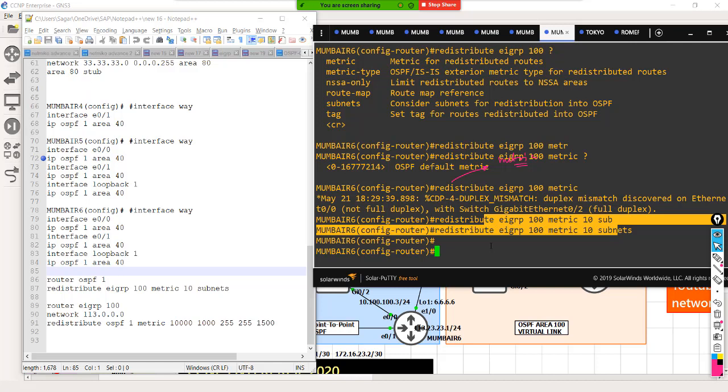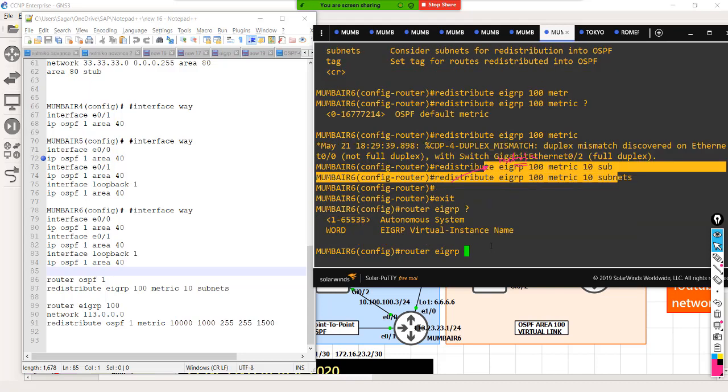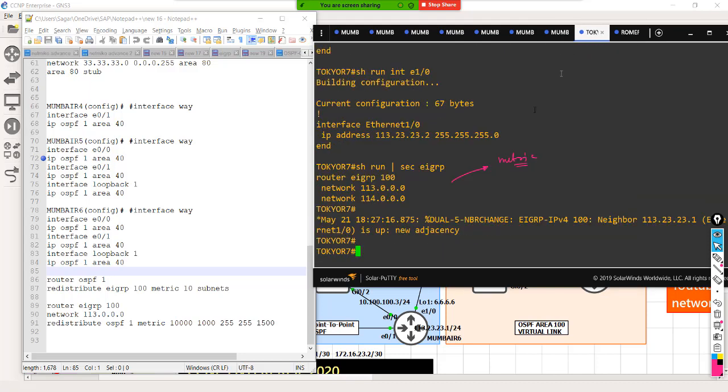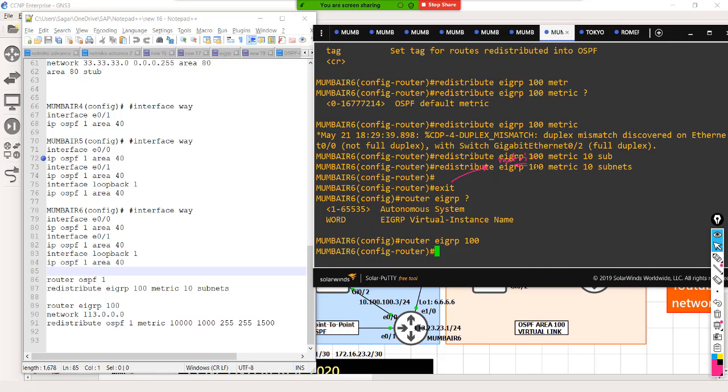Now I need to do the similar thing inside the EIGRP process. So I go to router EIGRP, and as you know, the autonomous system is very sensitive here, so make use of the right number. Now you need to distribute OSPF routes inside EIGRP in the EIGRP way of understanding.